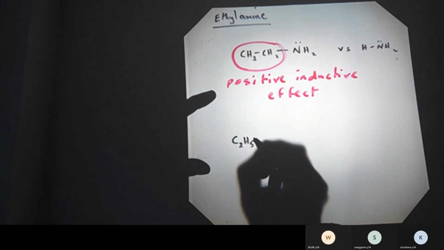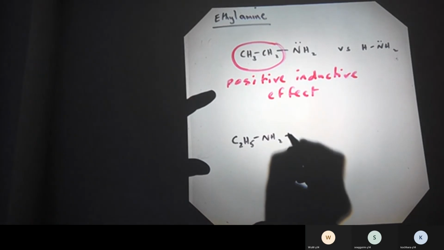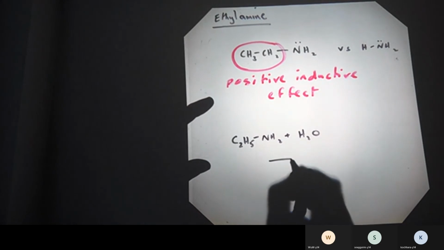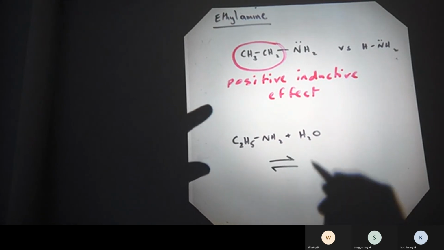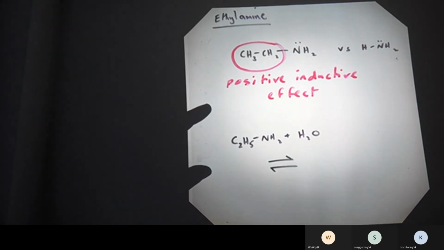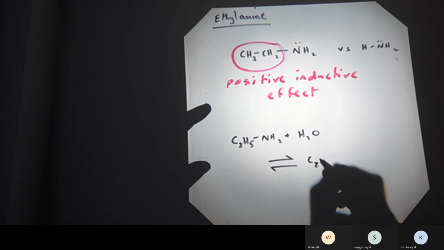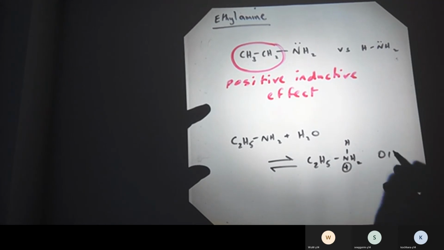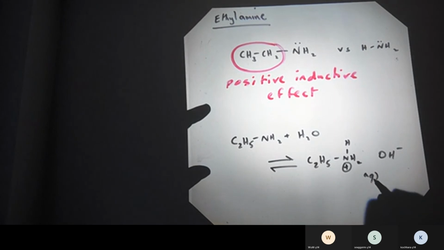C2H5 NH2 plus water, equilibrium arrow, C2H5 NH2 with a new H, positively charged, and OH minus.